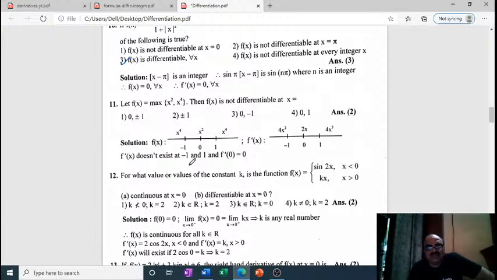Look at that solution: x square and x power 4. When you differentiate, it becomes 2x and 4x cube.